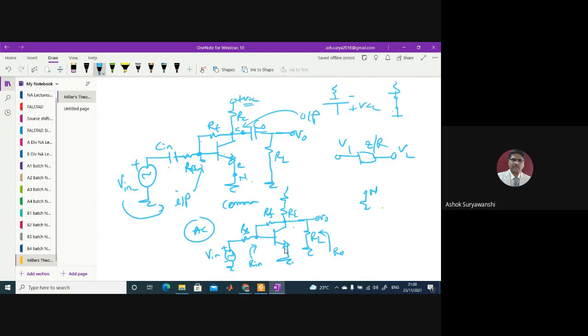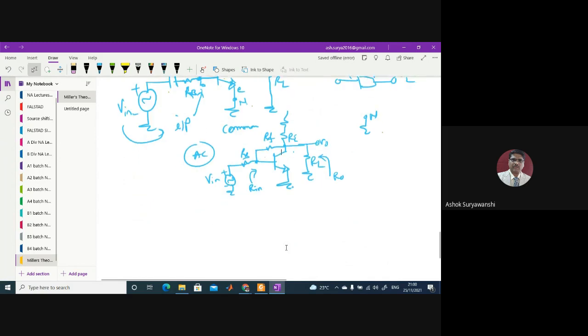So in such a situation, Miller has given this theorem to simplify this circuit, that means the feedback element. If you use Miller's theorem, this is your RC here, this is grounded, output side V0, and there is an RL. Now this particular RF will be split into two resistances.